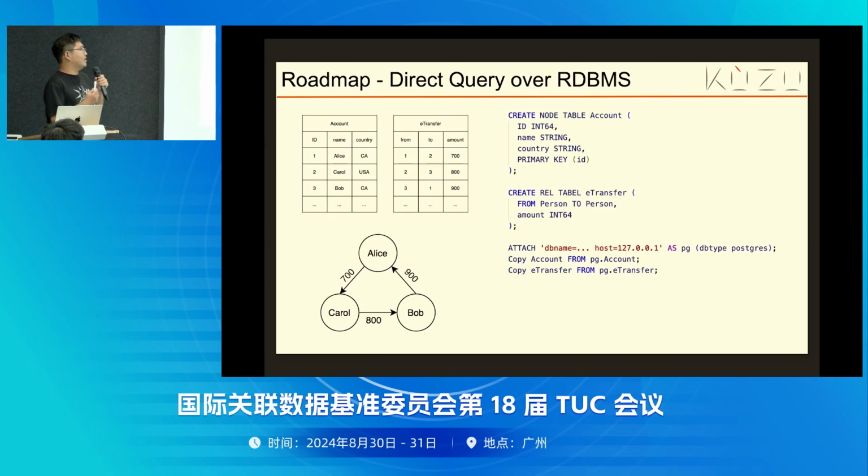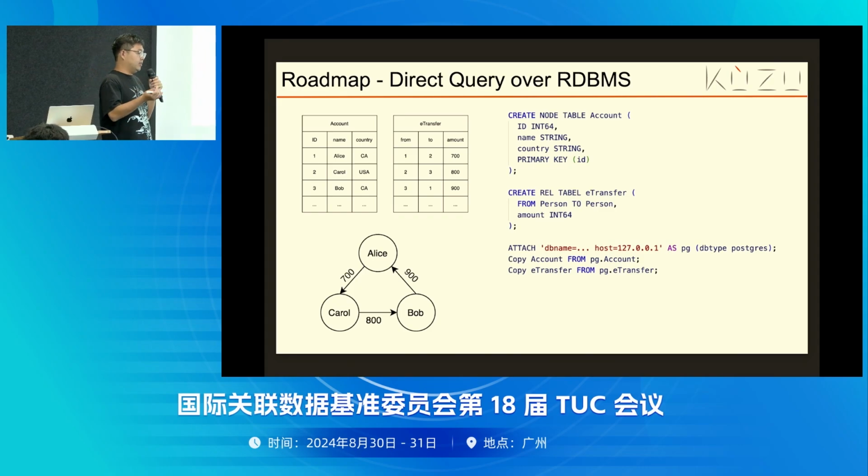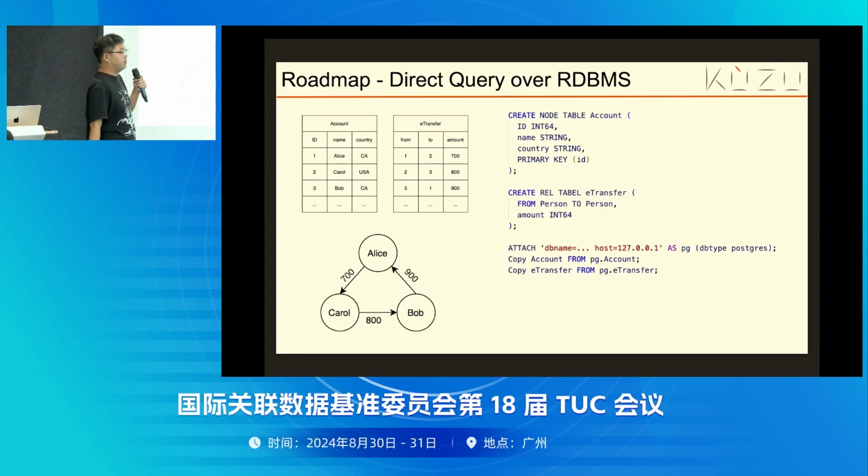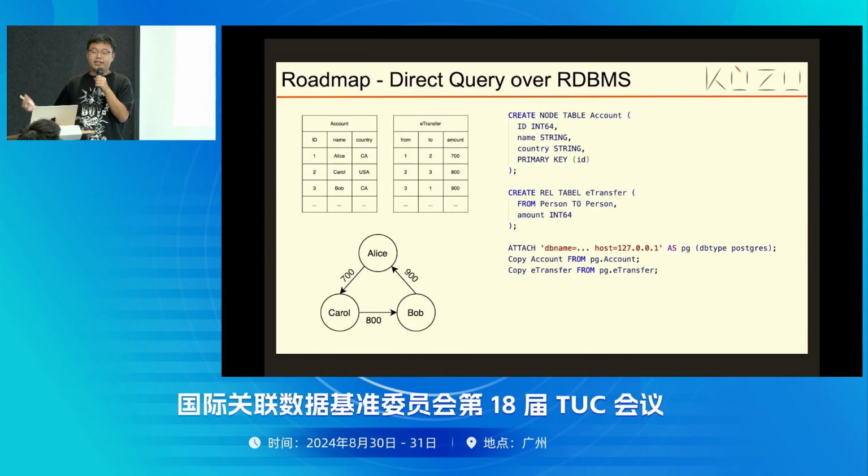In many of our use cases, the user has their data sitting in primary storage, in many cases just relational tables. So let's assume you have two tables in Postgres, an account table and a transfer table. Naturally, it forms a graph with account as a node and transfer as edges.